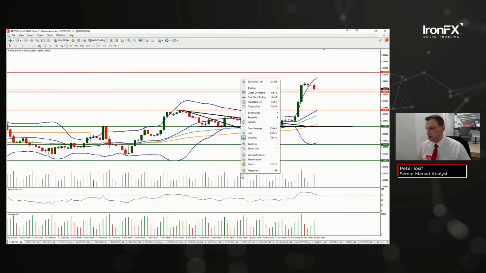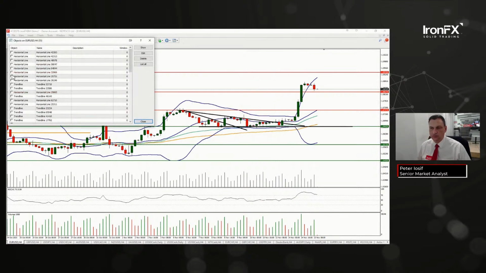And at this point, I'm going to take out some indicators about volume. So give me a second. You can find it in the objects list.